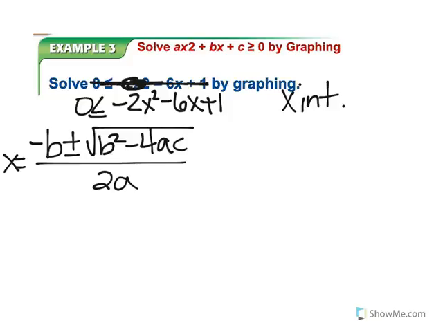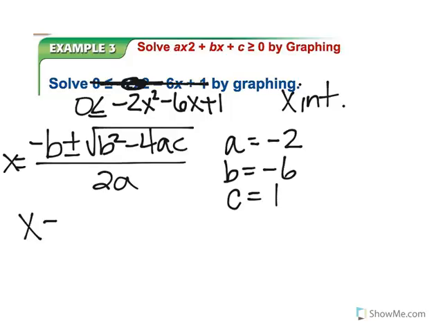First, we need to identify a. A is always on your x squared term, so a is -2. B is on your x term, so it's -6. And c is equal to 1. Now we're going to plug in accordingly. We have x is equal to, let's see, we have the opposite sign of b, so 6 plus or minus the square root of -6 squared.